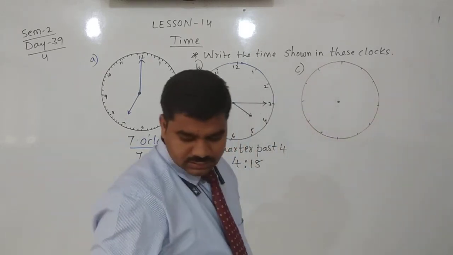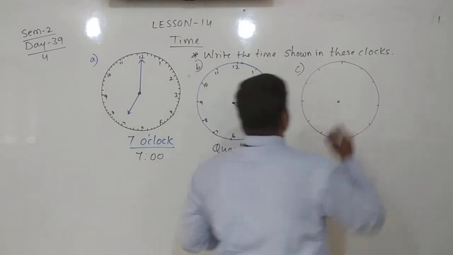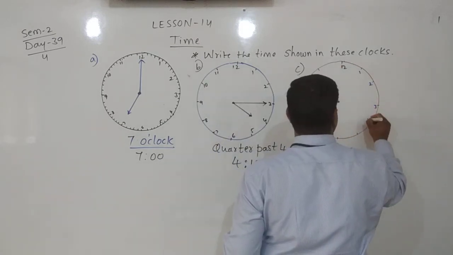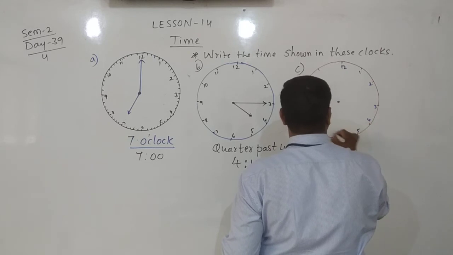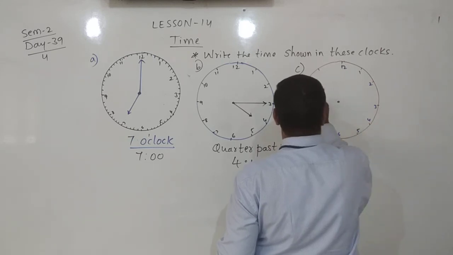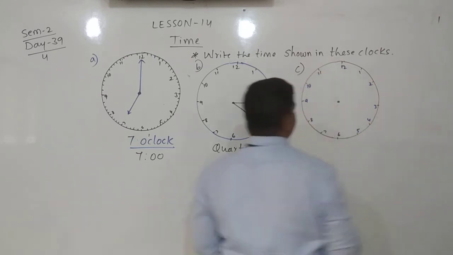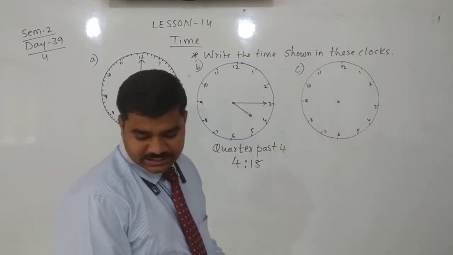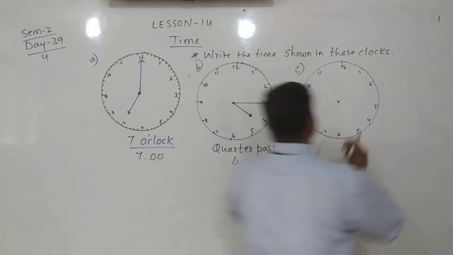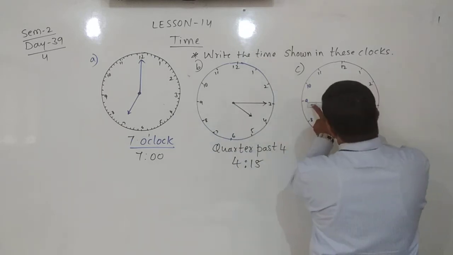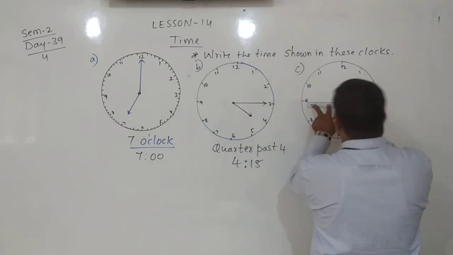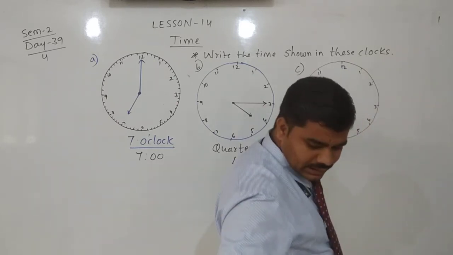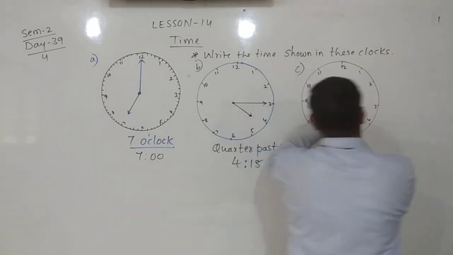Now the hands are showing 12, 1, 2, 3, 4, 5, 6, 7, 8, 9, 10, 11. The minute hand is pointing at 9, and the hour hand is a little before 2, just before 2.